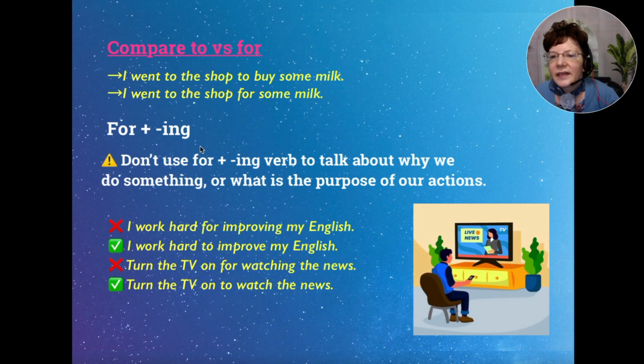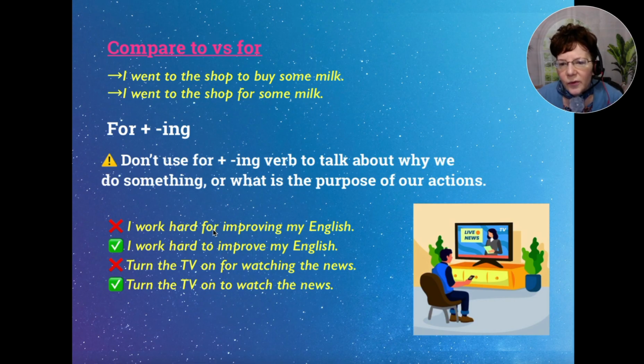All right. And about for plus the ing form of a verb. We don't use for plus an ing verb to talk about why we do something or what the purpose of our actions is. So here's an example. It shows what's correct and what's not. I work hard for improving my English.